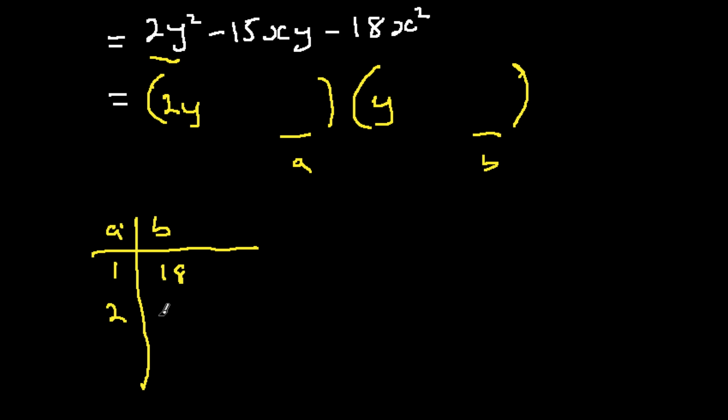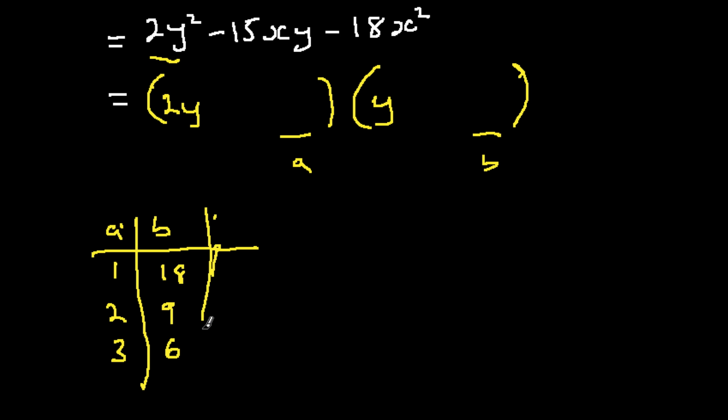If A is 2, then B has to be 9. If A is 3, then B has to be 6. And then you can imagine the opposite as well. You could have A of 18 and A of 9 and A of 6. But once we have found all the possible values as we've done here, let's just stop.